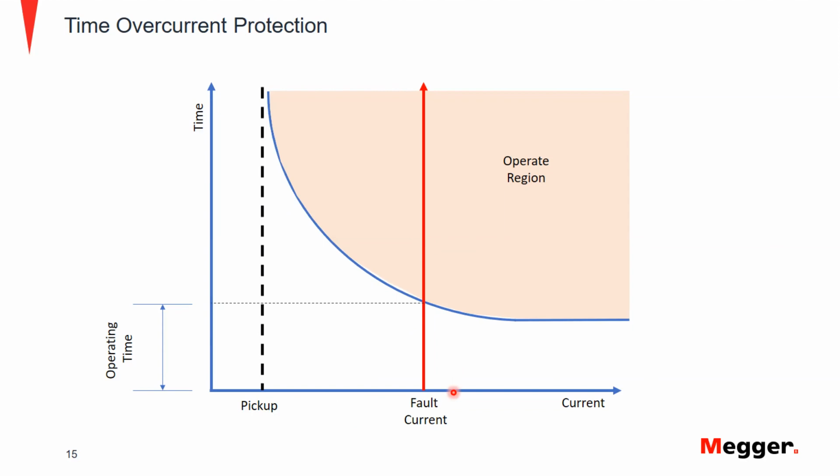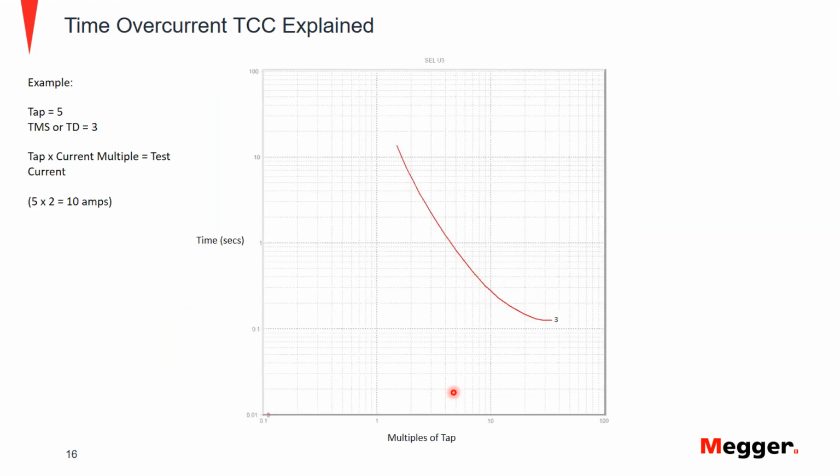Okay, so here's a good example. Let's say for this instance we're going to do a tap of 5 amps, and we have a time dial of 3, or a time multiple setting. What we're going to do is take this tap value and multiply it by the current multiple.